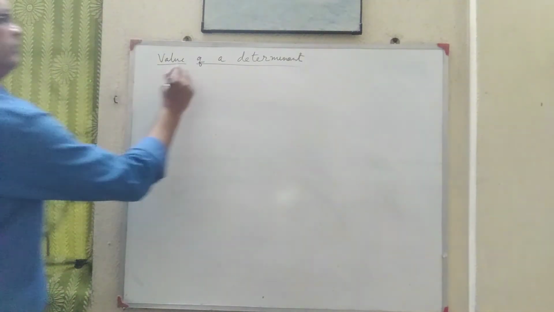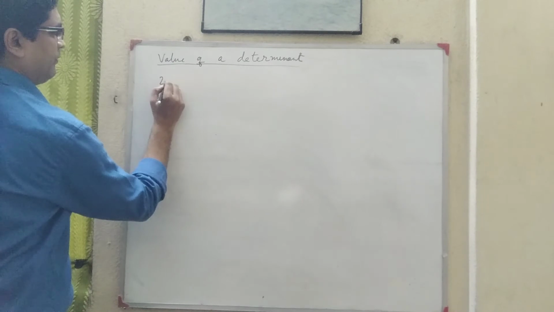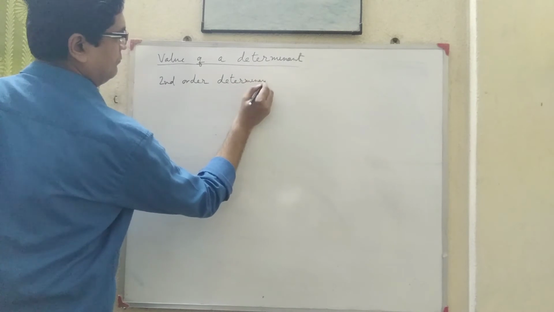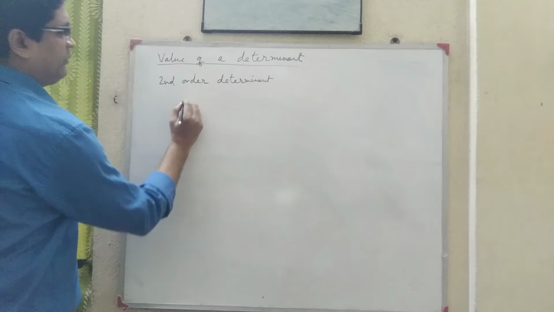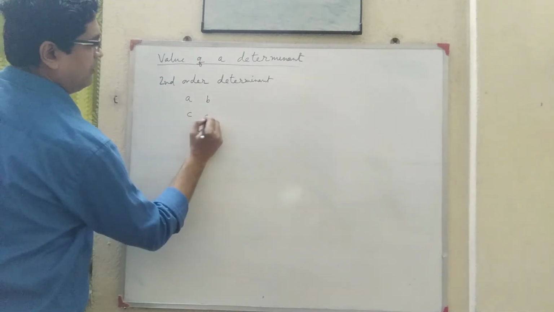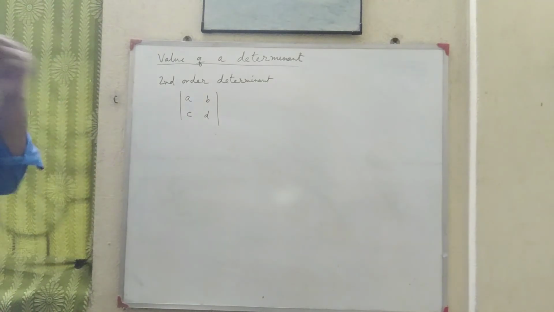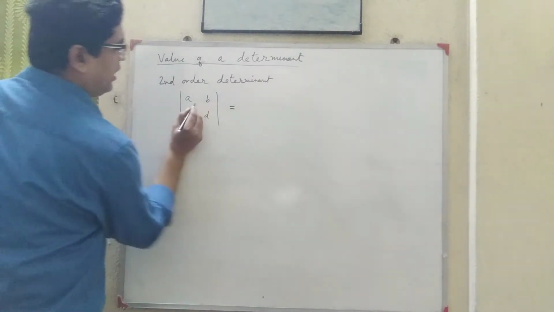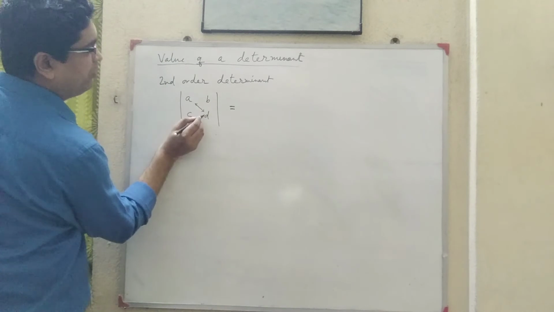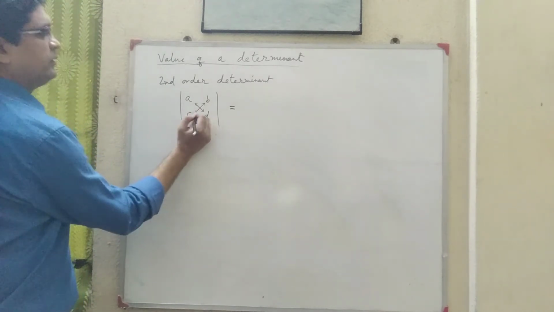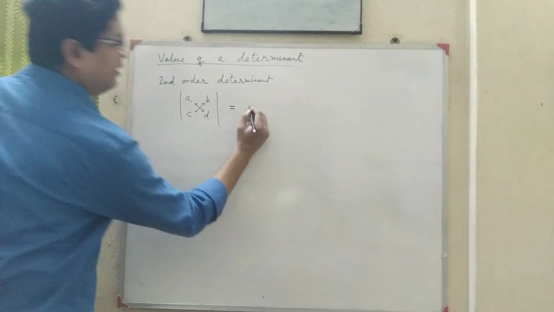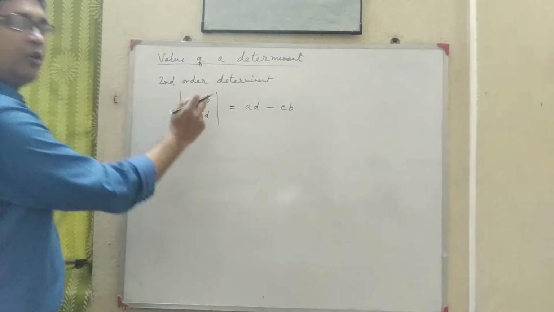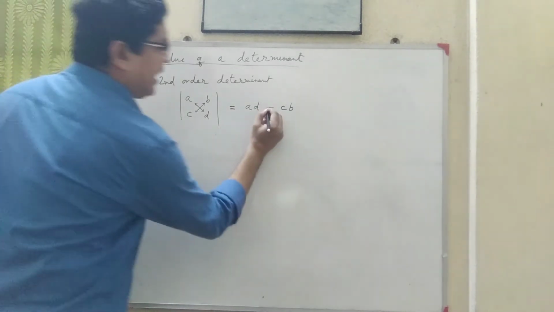Now the value of a determinant means, for a second order determinant, suppose A, B, C, D. Suppose this is a second order determinant, then its value will be determined by this formula: A into D minus C into B. That is the cross product, and the sign in between will be minus.